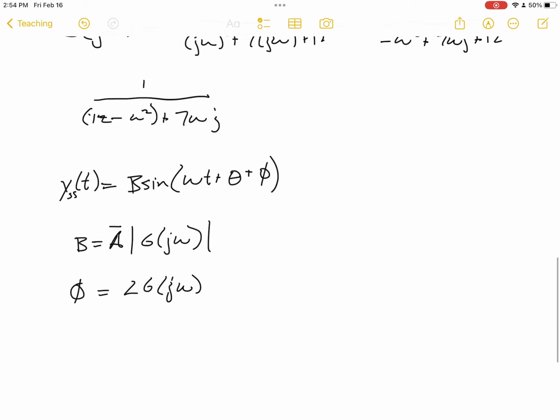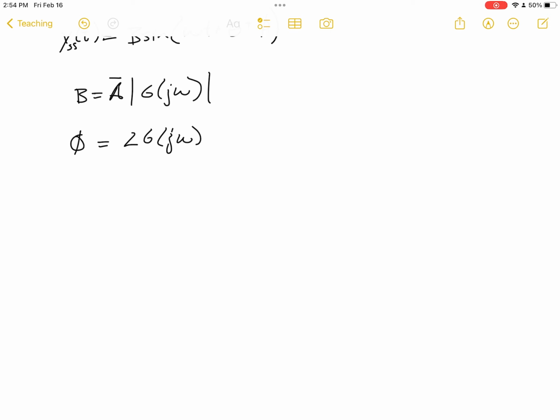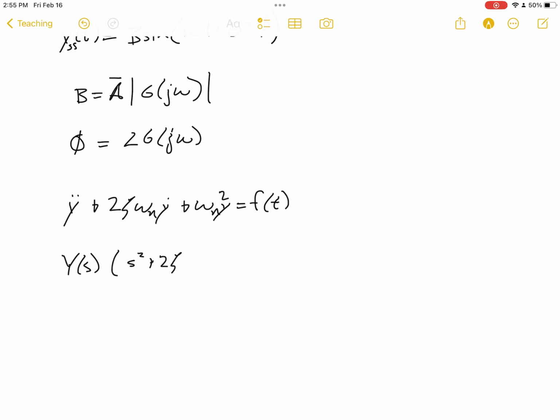So let's do a quick example. If we have y double dot plus 2 zeta omega n y dot plus omega n squared y equals f of t, then if we were to take the Laplace transform with initial conditions 0, you always say the initial conditions are 0 with a transfer function, we're left with y of s times s squared plus 2 zeta omega n s plus omega n squared equals f of s.